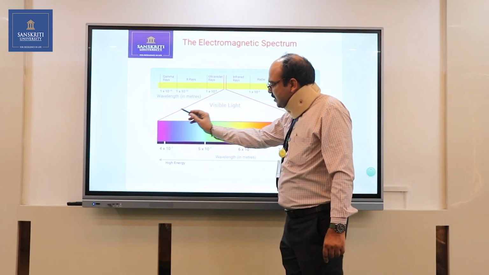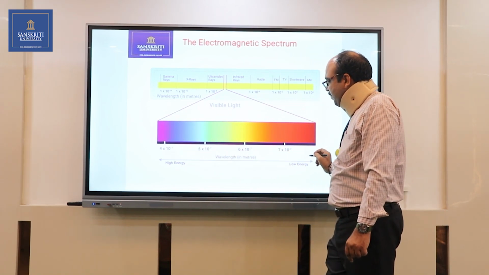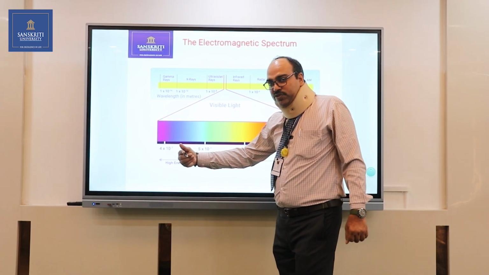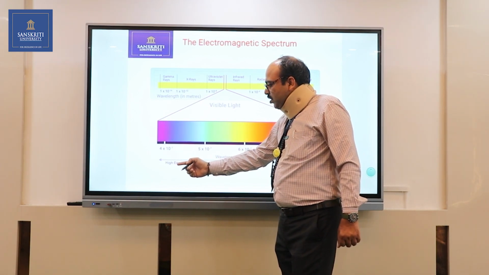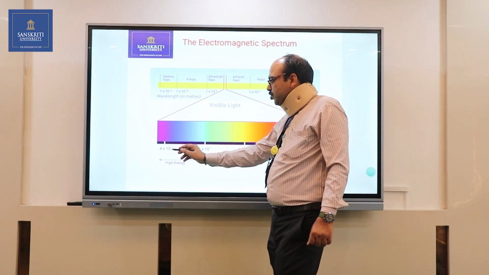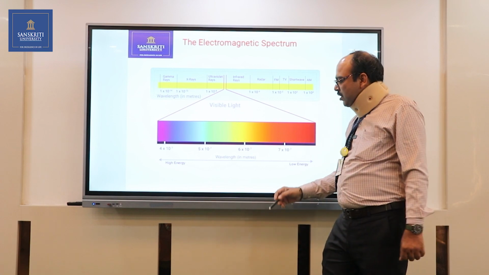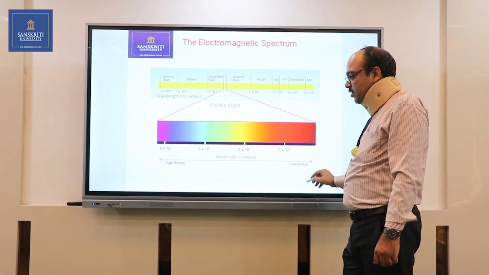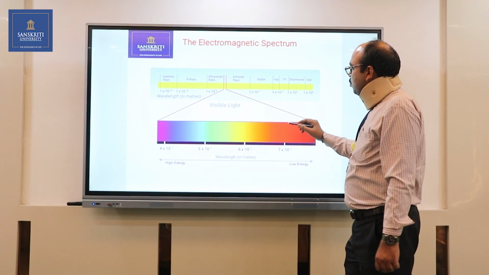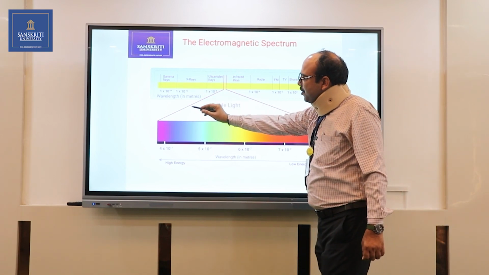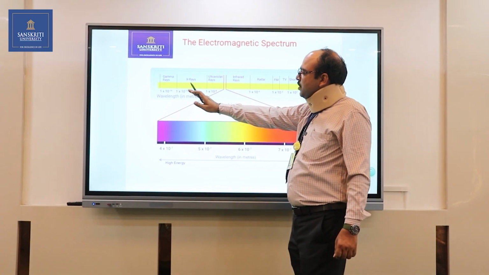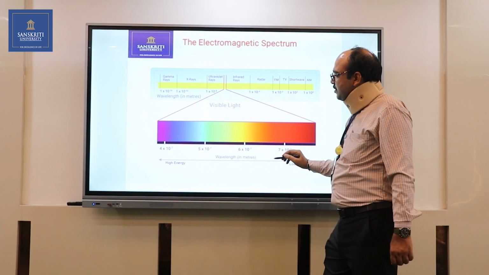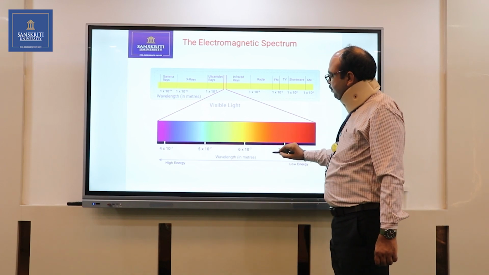These are arranged as per their wavelength. Towards the right-hand side is high energy, with 4 into 10 to the minus 7 meters, and on the left-hand side, 7 into 10 to the minus 7, is low energy. So they are the arrangement of different radiations as per their wavelength and frequency.